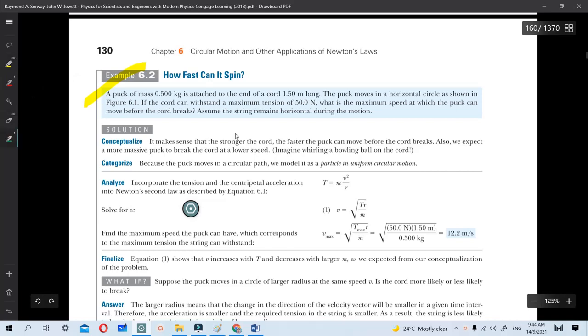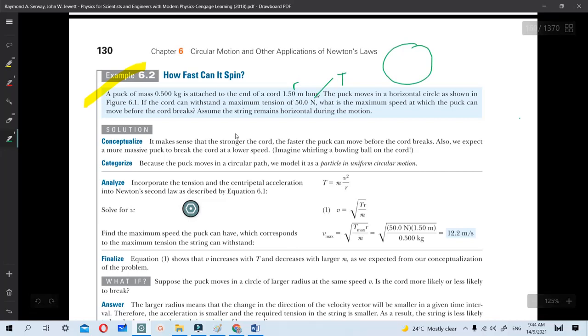The puck moves in a horizontal circle as shown in figure 6.1. Alright, we have seen this figure previously. So the cord can withstand a maximum tension of 50 newtons. So this is tension towards the center. Towards the center. So the drawing will look something like this.